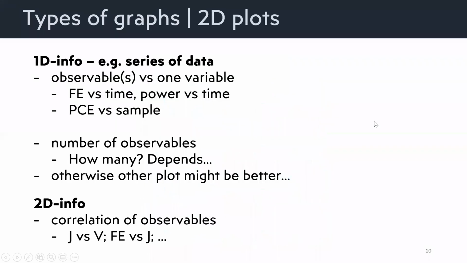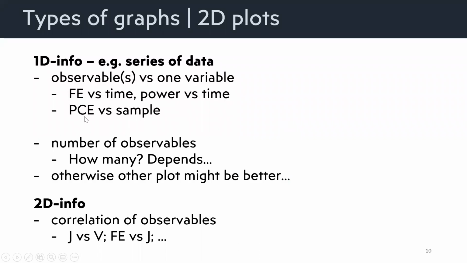But in general, the simplest types of plots are 2D plots, where one plots a series of data. It's like a one-dimensional array, which can be, for example, one observable versus one variable. For example, Faraday efficiency versus time, or power versus time.